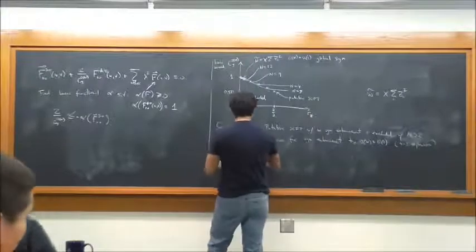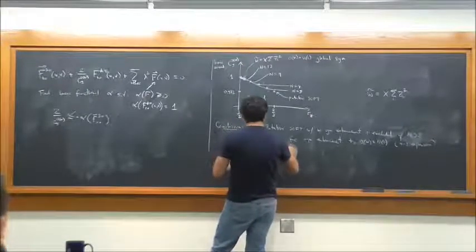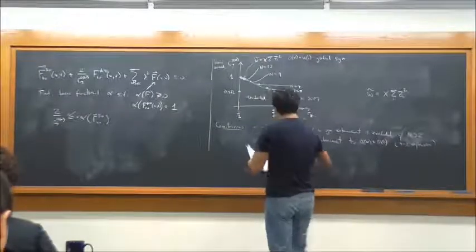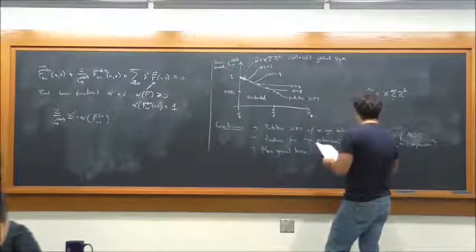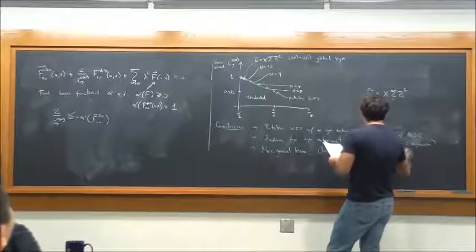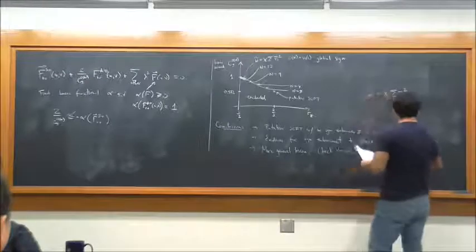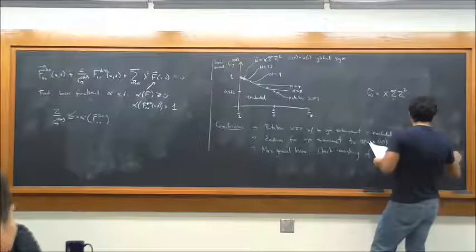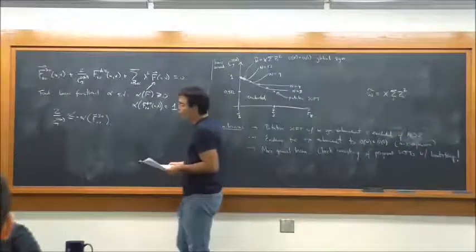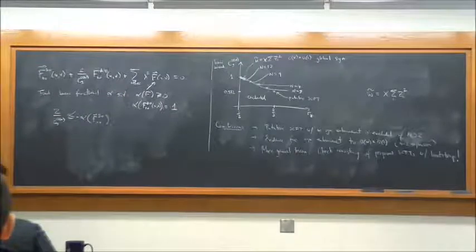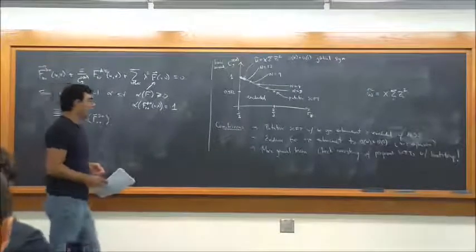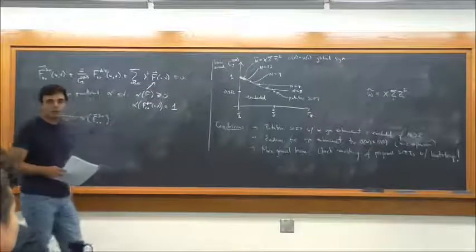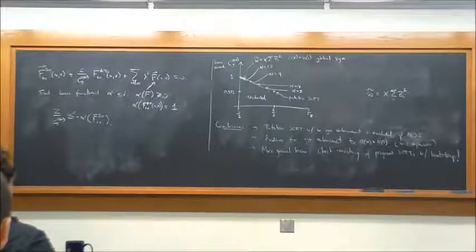So I'd like to draw a more general lesson: one should check the consistency of proposed SCFTs with the bootstrap, because there are examples like this one where nothing goes wrong, yet the theory, if you assume no symmetry enhancement, does violate unitarity in a more subtle way, and you'll be able to see that more subtle way using the bootstrap, but through no other methods that I know of. Okay, thank you.